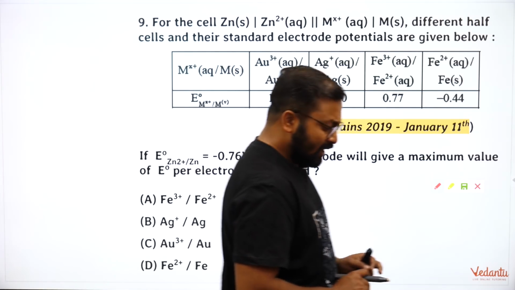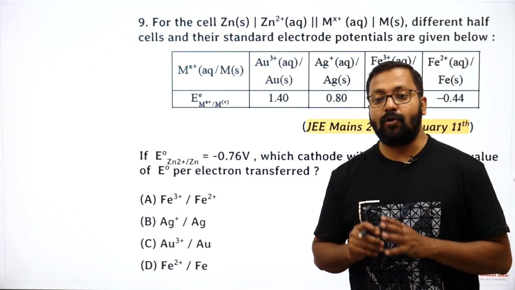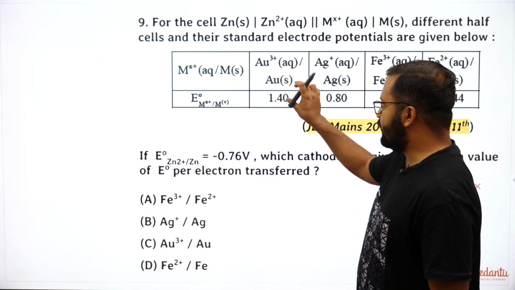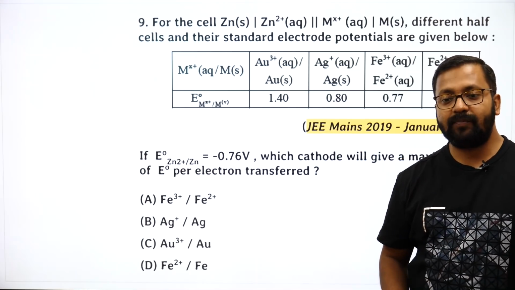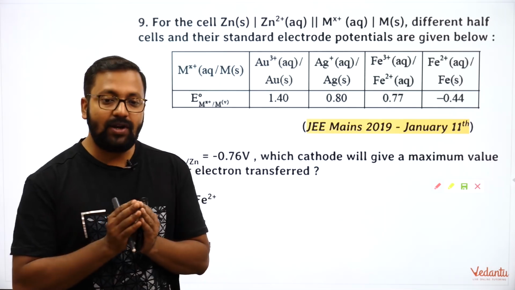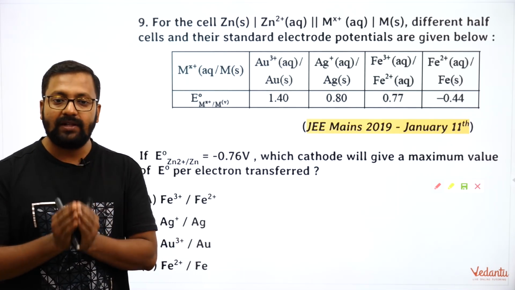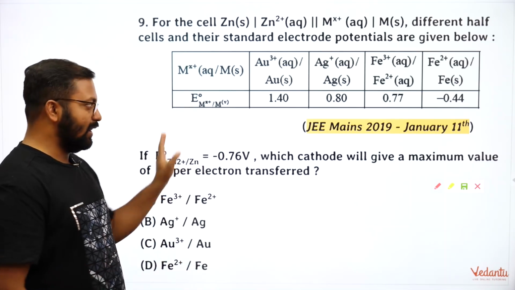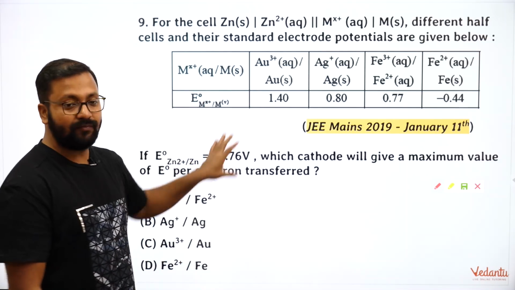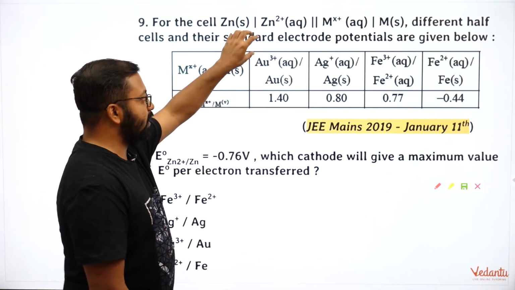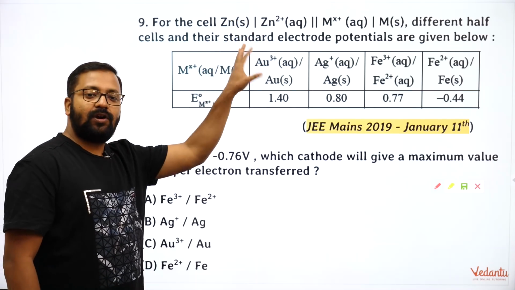Now remember, a lot of people have a query that, sir, can we take these and add them directly? Yes, as long as they are combined together to form an electrochemical cell, you can add these values directly, even if an unequal number of electrons are involved in oxidation and reduction.